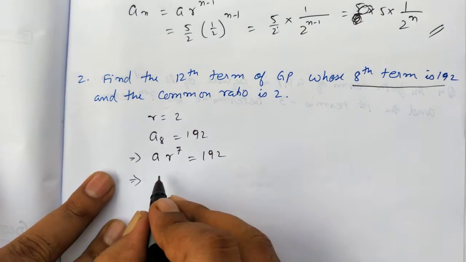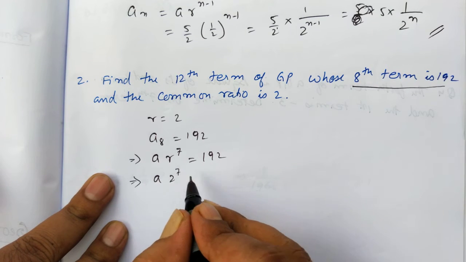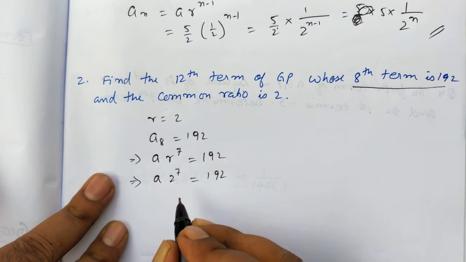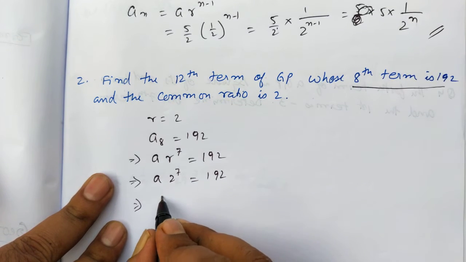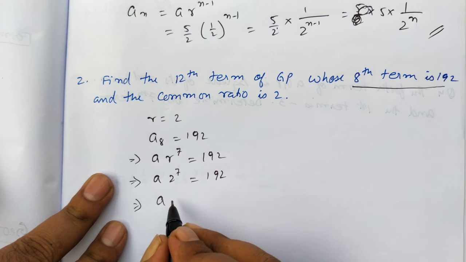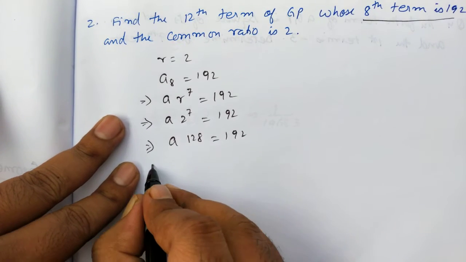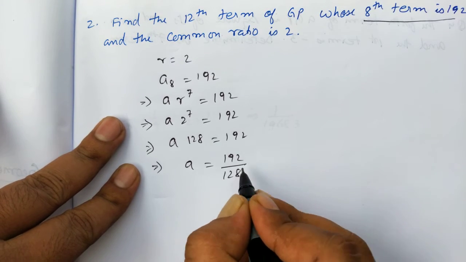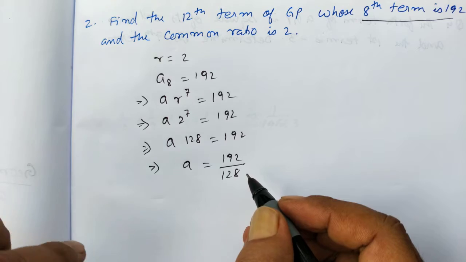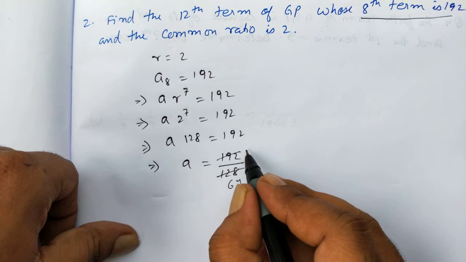Put the value. a we don't know, r is 2 power 7, which is 128. We are trying to find the value of a. a is 192 by 128. Cancel by 2, 64.